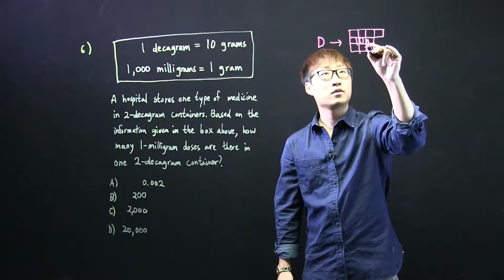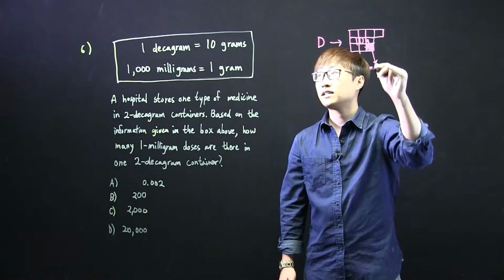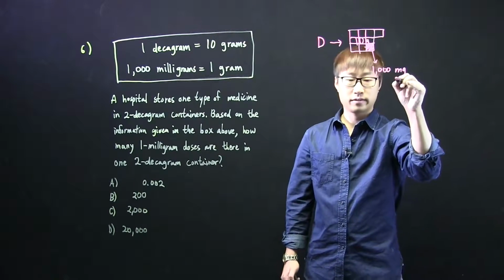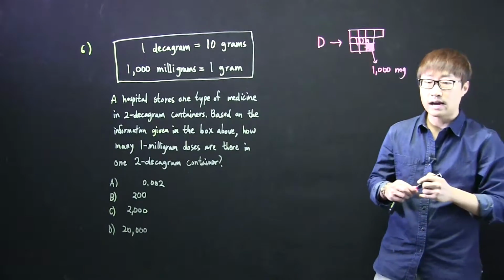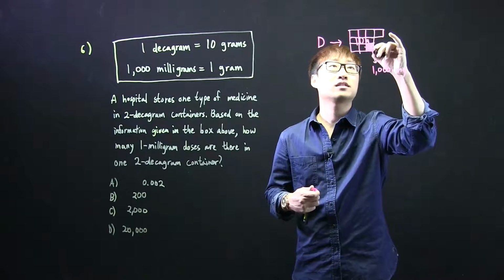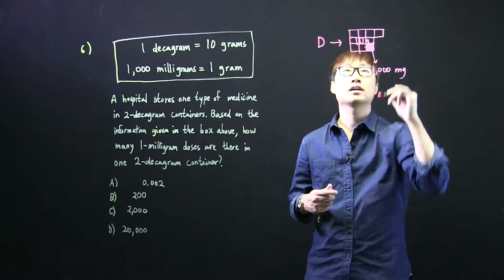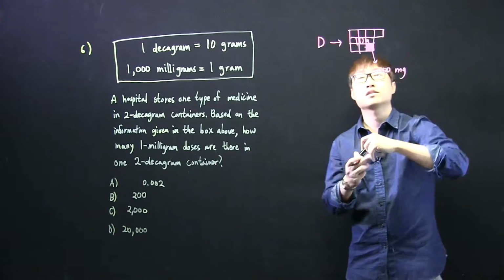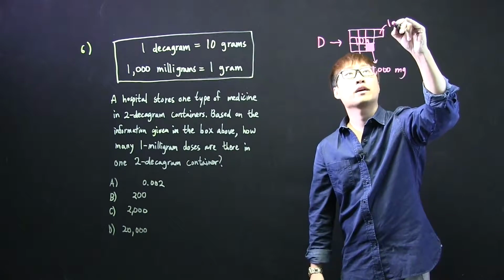So if I take that little one of that, and take out, that's 1,000 milligrams. All right, so I'm barely touching any math here, right? I'm just drawing stupid pictures. So out of the 10 different boxes, one box would be 1 gram.